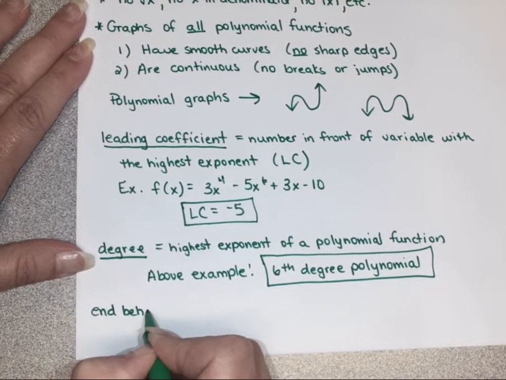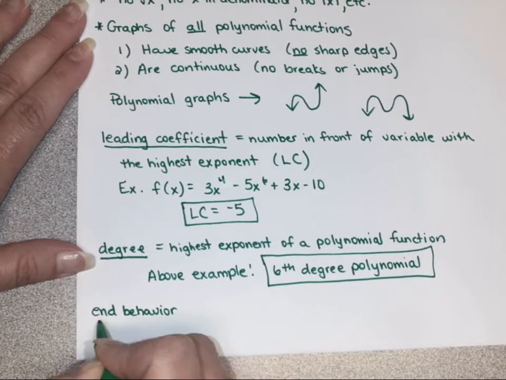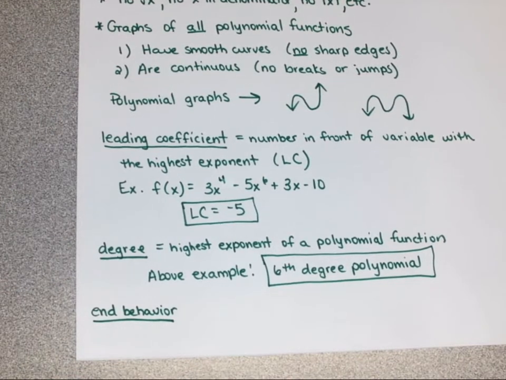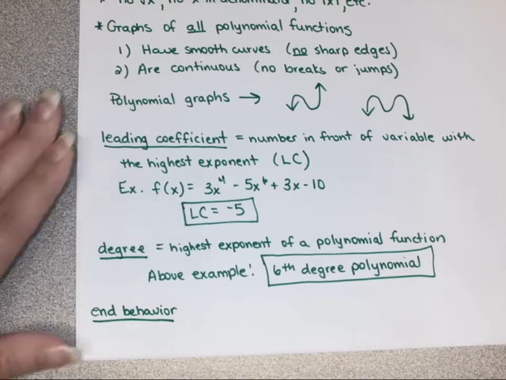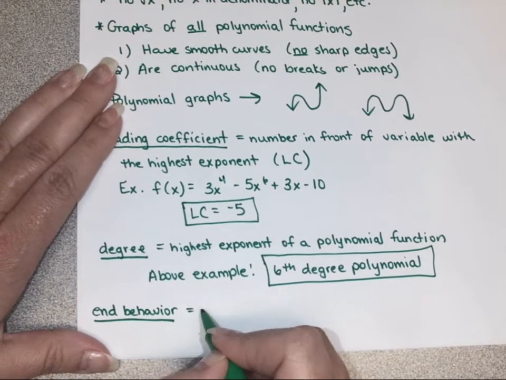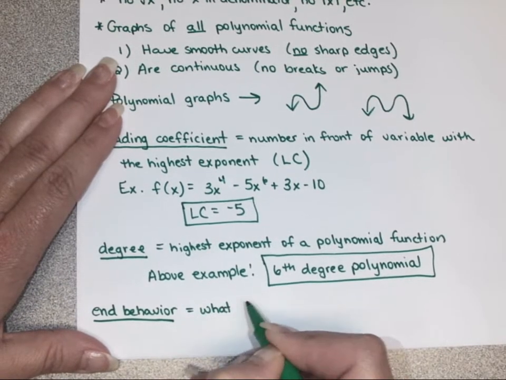One thing that we want to know when we're trying to figure out what a graph looks like, and that's what we're going to practice today, trying to figure out all the puzzle pieces to what the graph is, is what the end behavior is. If you read that, it's just like what it sounds.